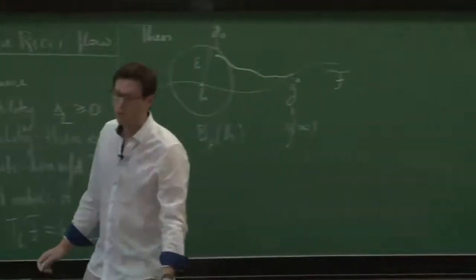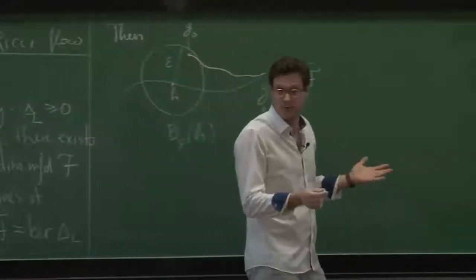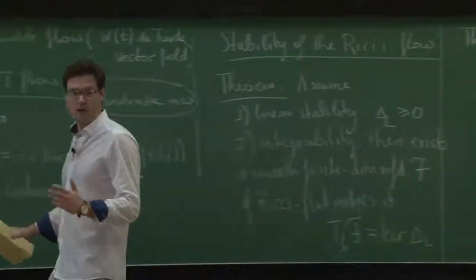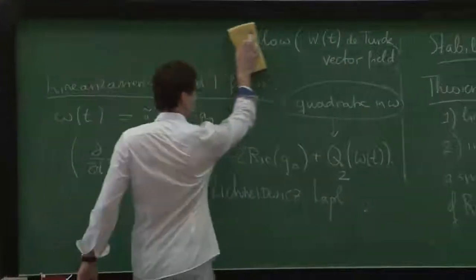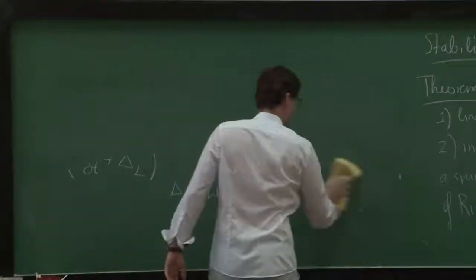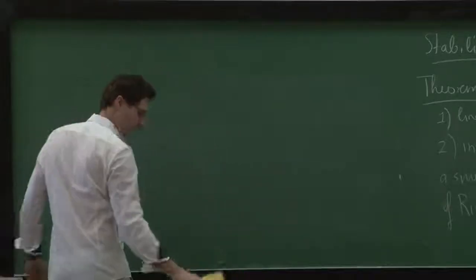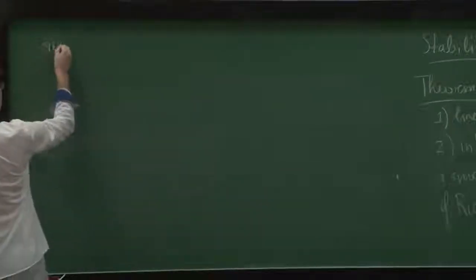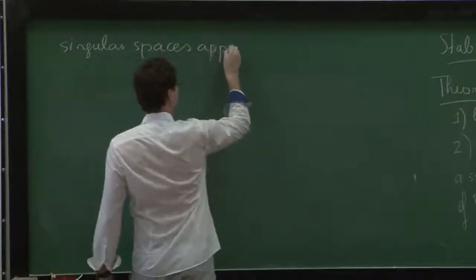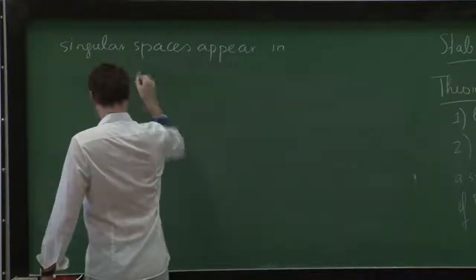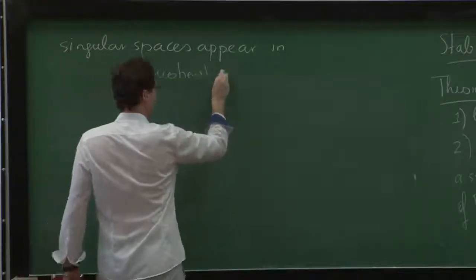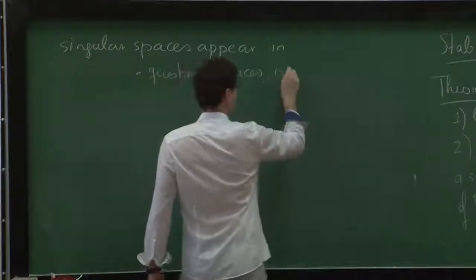And now you may ask yourself, why are singular manifolds important? I will give you examples where, whether you like it or not, they appear. Singular spaces appear in quotient spaces, orbifolds.